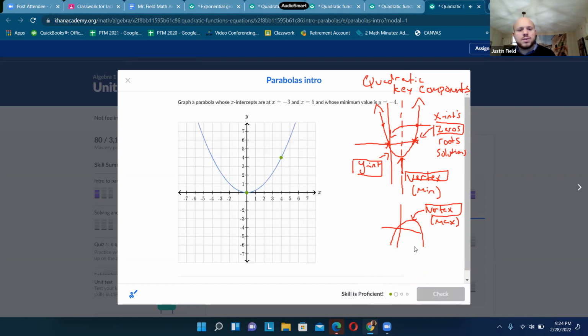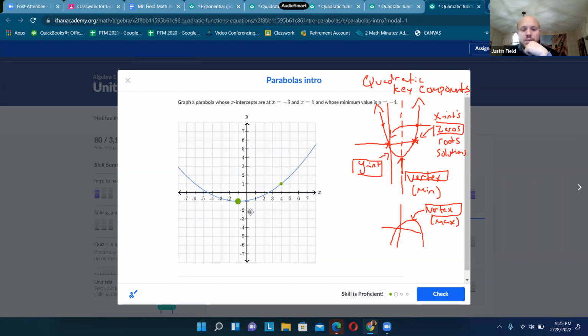All right, that was easy. Graph a parabola whose x-intercepts are -3 and 5, whose minimum is -4. Okay, so let's make this our x-intercept, and this our minimum.